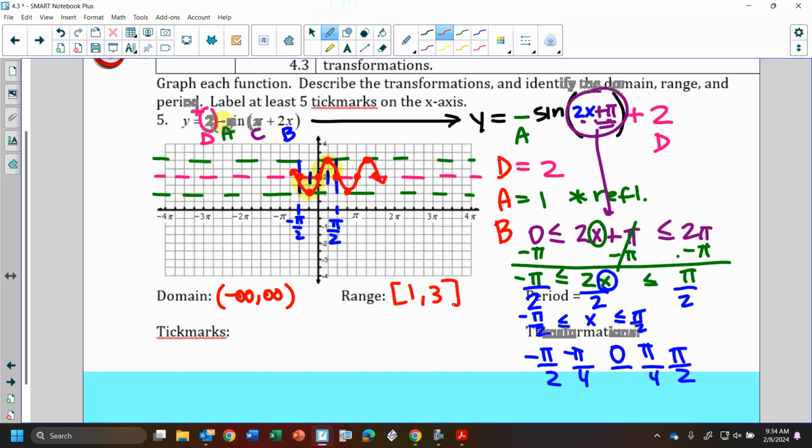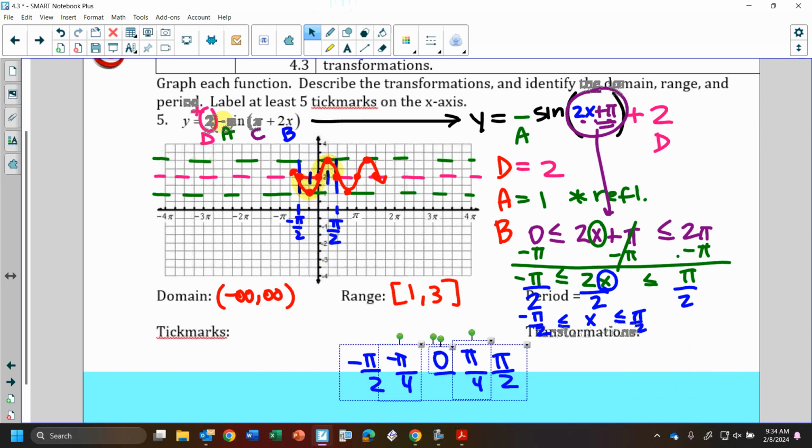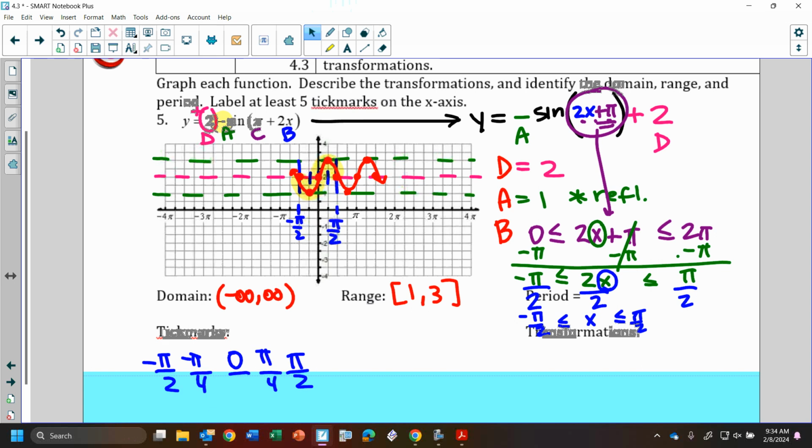You guys get the range was 1 to 3 with square brackets? Oh, I did the check marks in the wrong spot. Transformation. Reflection over x.